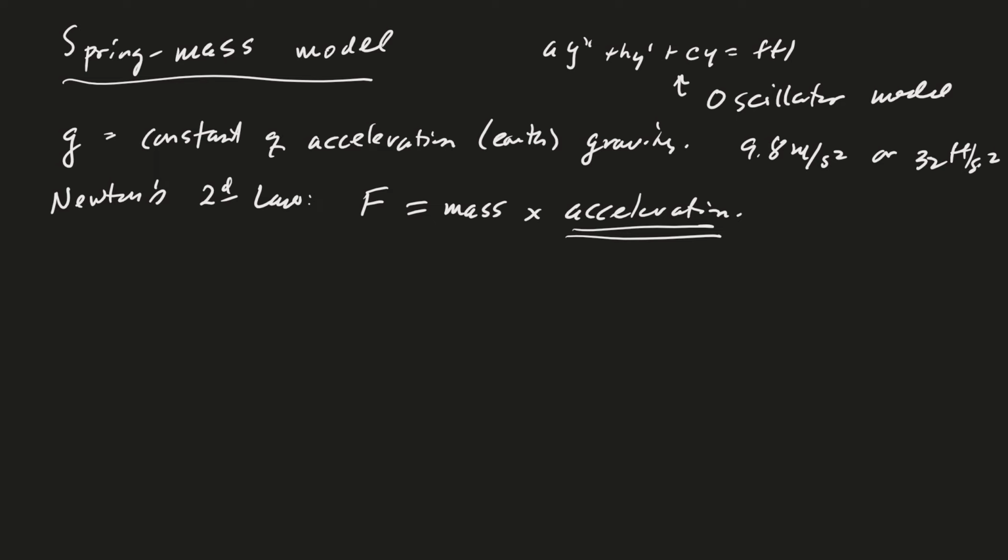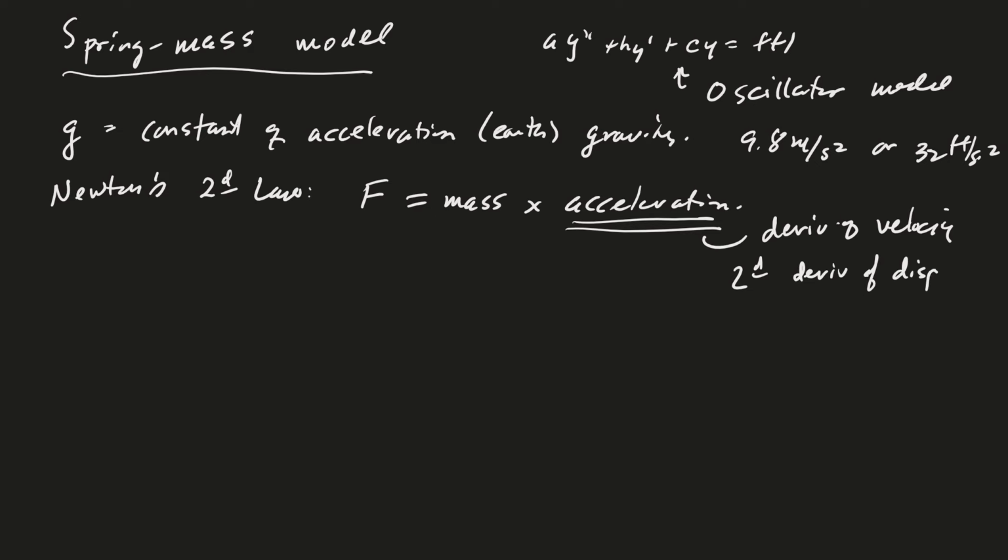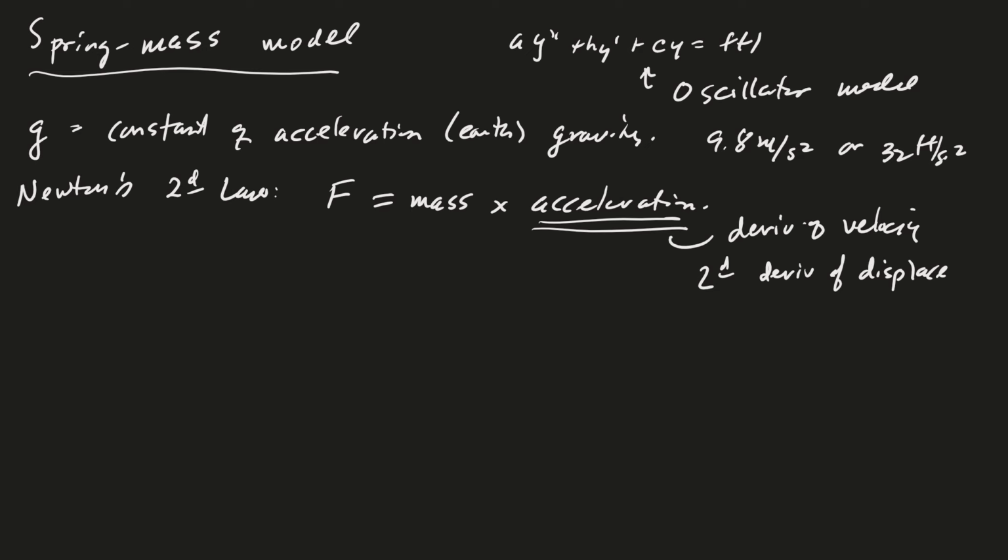And so acceleration is the derivative of velocity, or second derivative of displacement. Displacement meaning you can have plus or minus, right? It's not really a distance traveled. It's a like signed position, if you will. Okay, so I think with those two things, we're able to work through some of the ideas here.